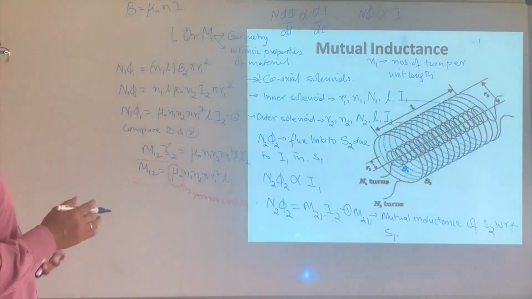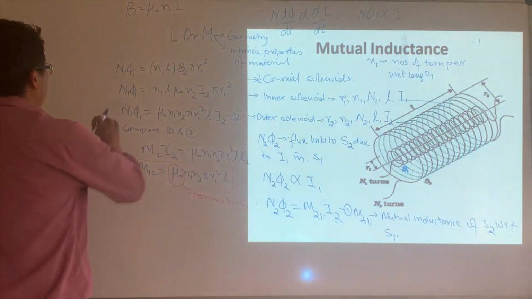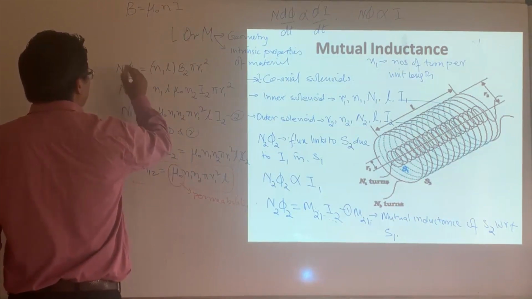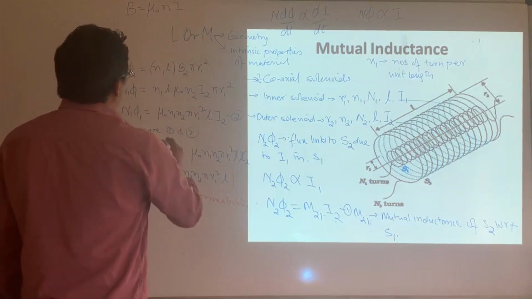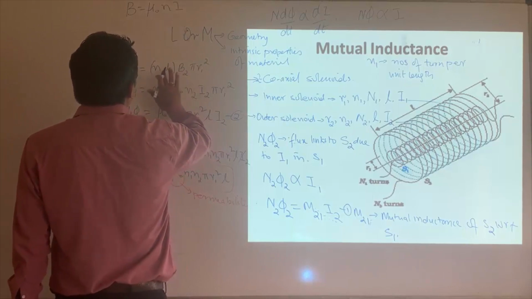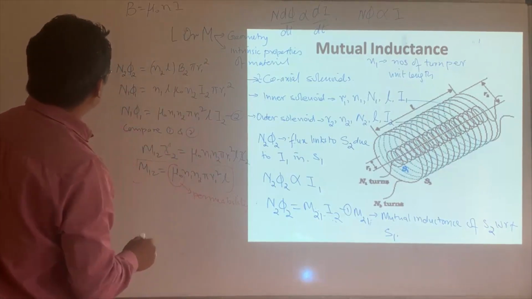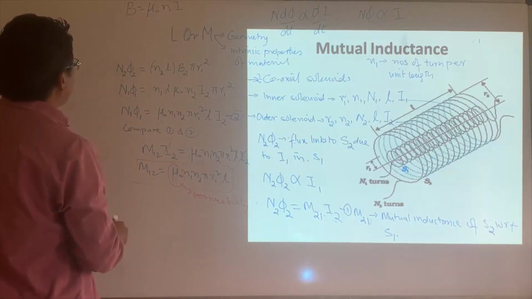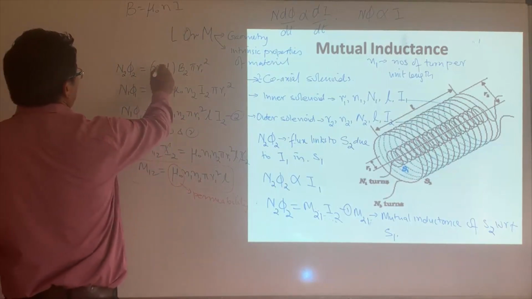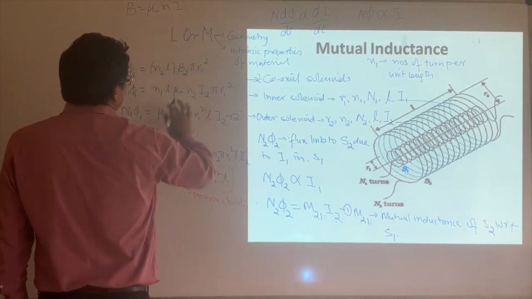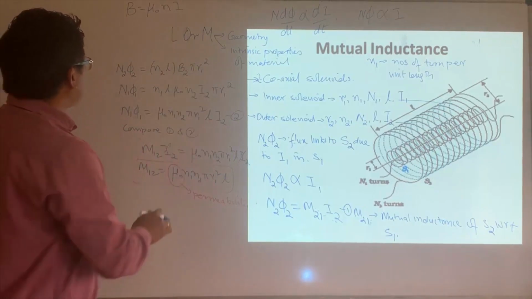Now there is a little problem here. This is going to be M21, equation 1. Now this is the number of turns by the length, multiplied by the number of turns, B2, and this is area.